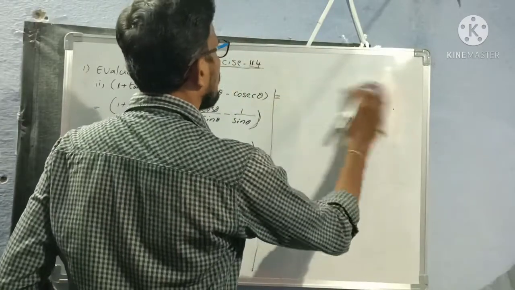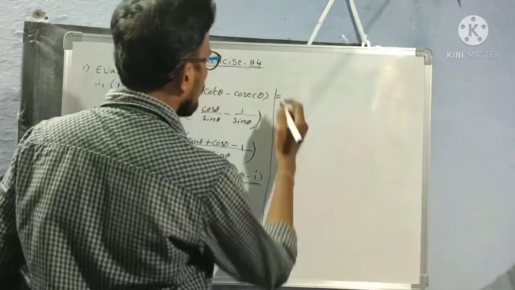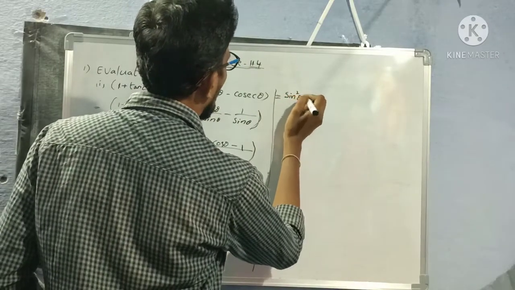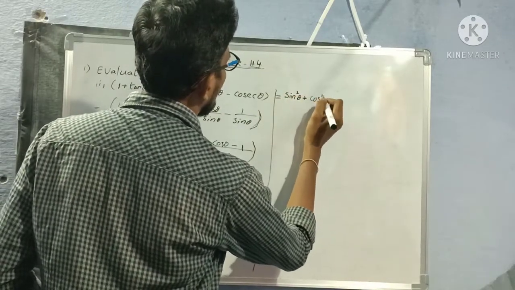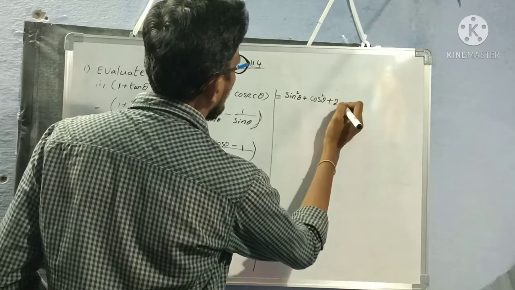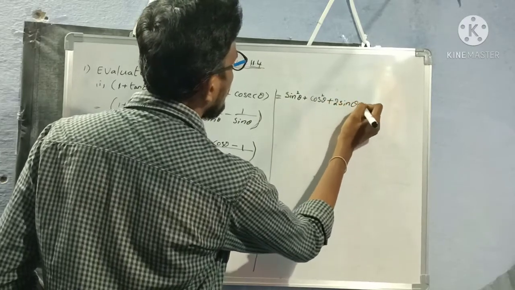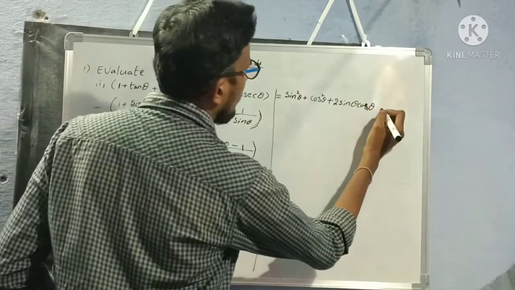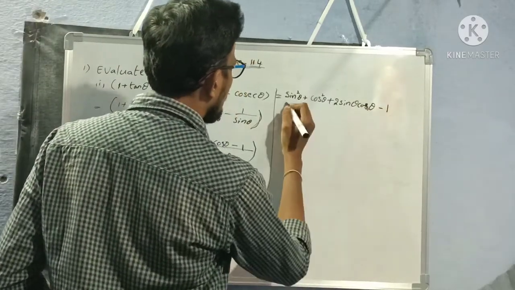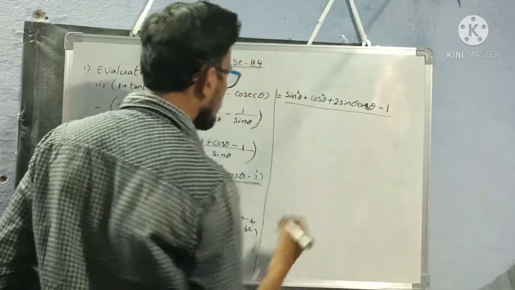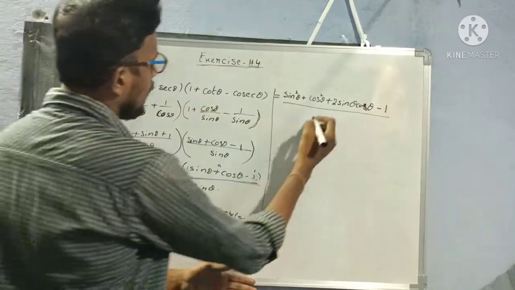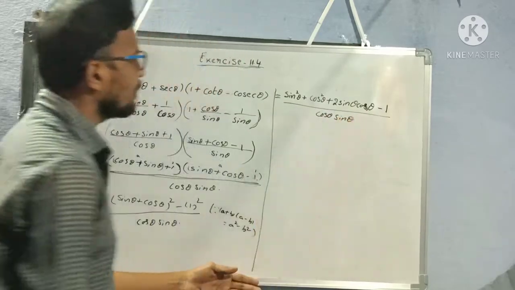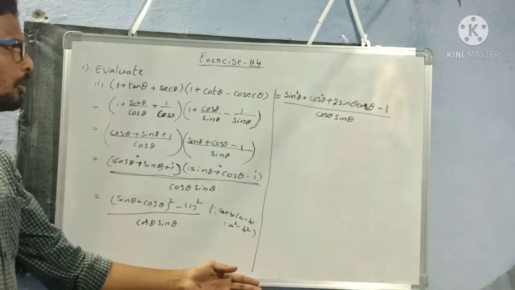So sin square theta plus cos square theta plus 2 sin theta cos theta, minus 1 whole square, which is 1, divided by the denominator cos theta into sin theta. I hope everybody understood up to here.